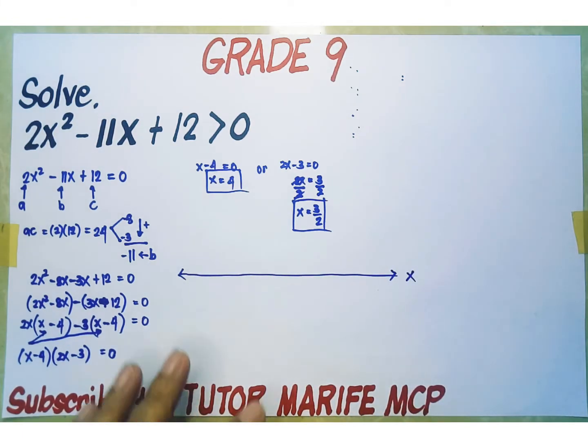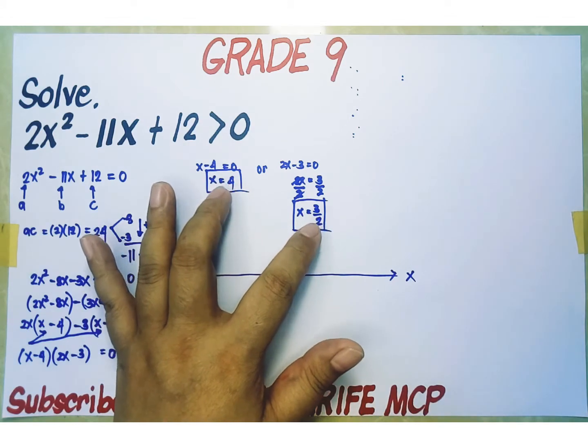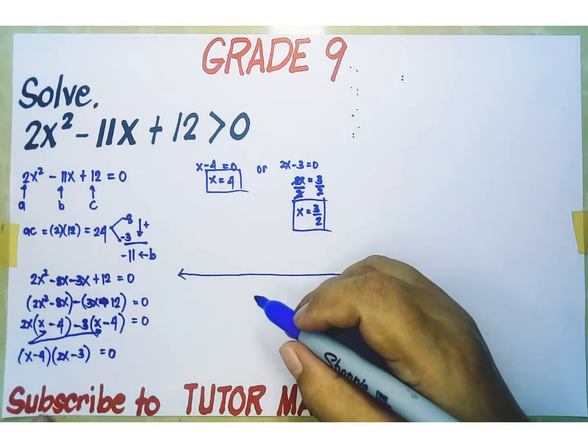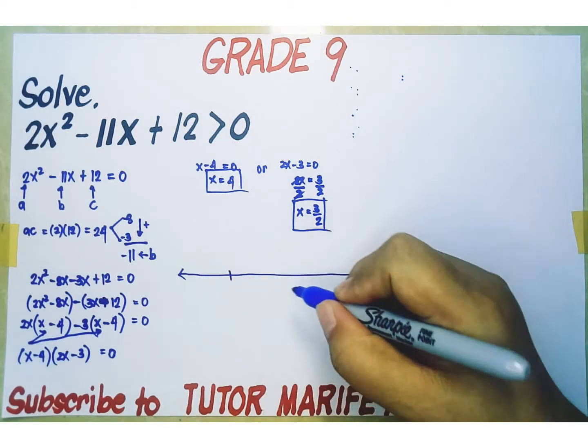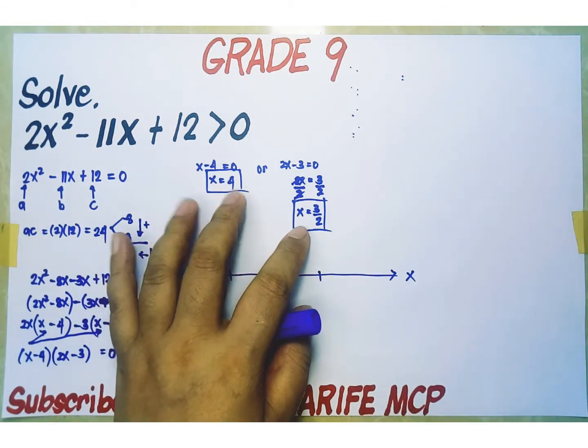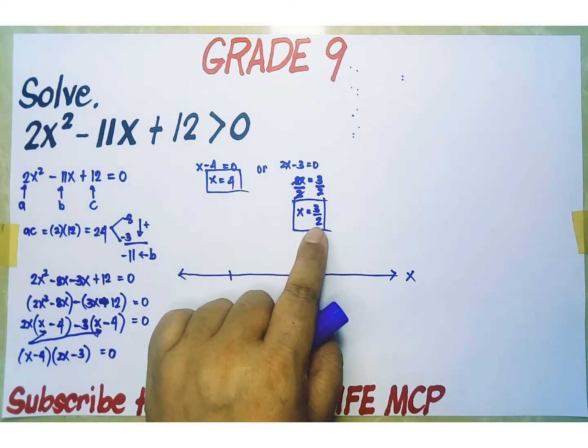And then we're going to plot our boundary points. And it should be in order. Okay, so you put 2 tick marks on the number line, which is smaller. 3/2 is smaller. This is 1 1/2.